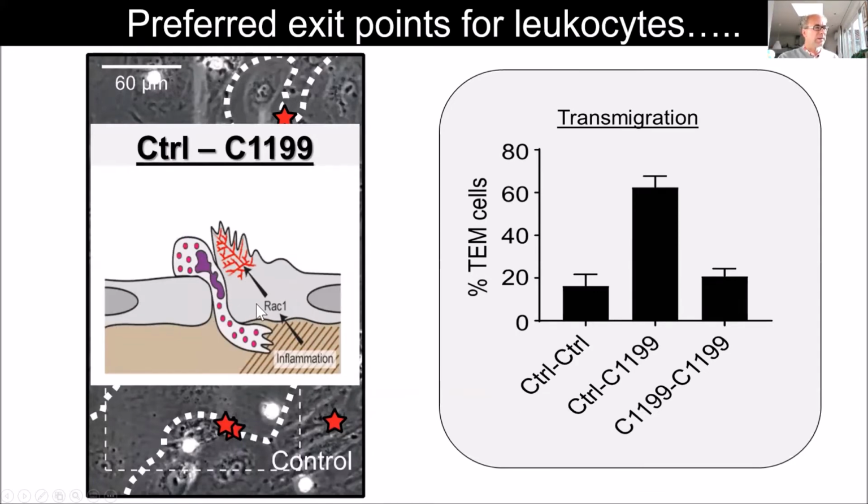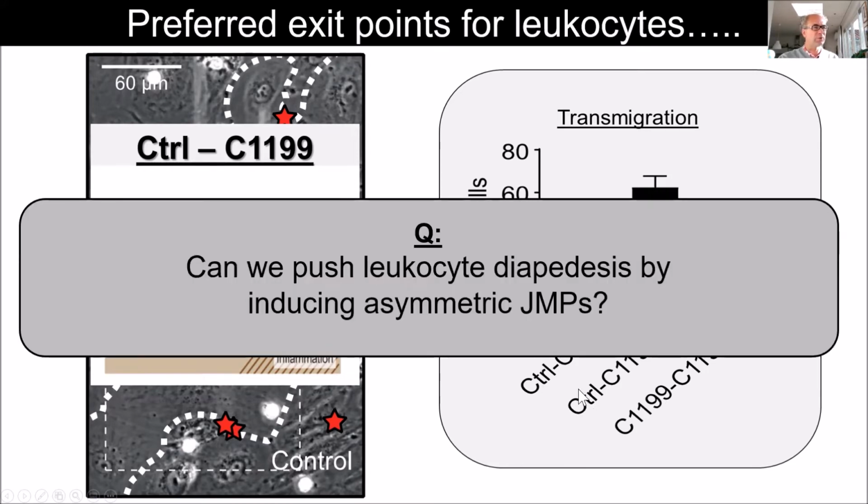However, when we had a junction where one cell only had increased Rac activity and the other cell doesn't, so we have a sort of an asymmetric junction, you might say, then we see a more than 60% increase of the neutrophils that preferred such junctions, as you can see here.